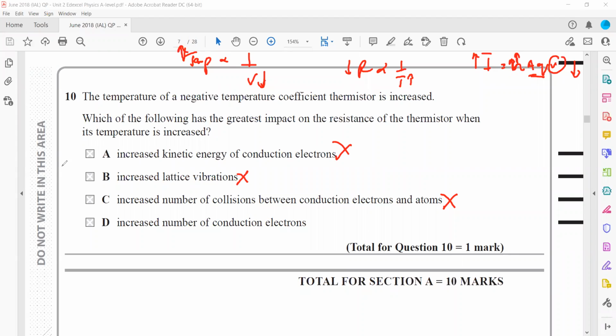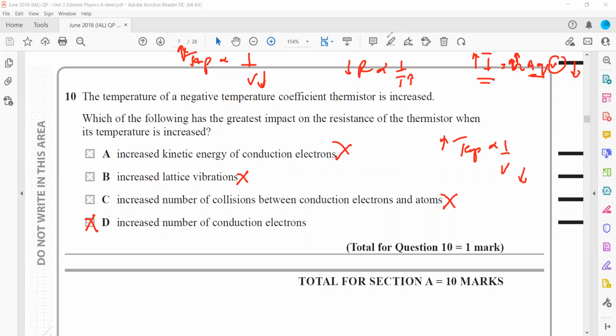Increases the number of conduction electrons, that is true, because as the thermistor temperature increases, more electrons will come out from the bonding. With a greater number of charge carriers, the current will increase. And remember, the drift speed and the temperature are inversely proportional. If we increase the temperature, the drift speed will decrease.